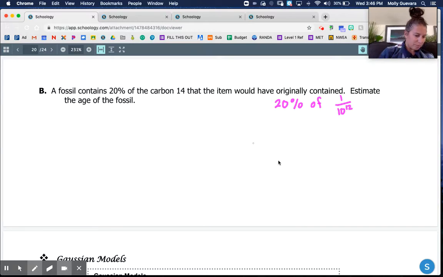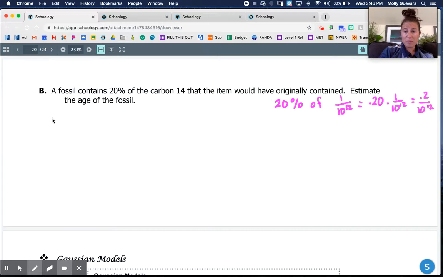Okay, so I'm going to make that 20% a decimal, so 0.2 times 1/10 to the 12th. And I just get 0.2/10 to the 12th. So that is how much carbon-14 is left in the fossil.